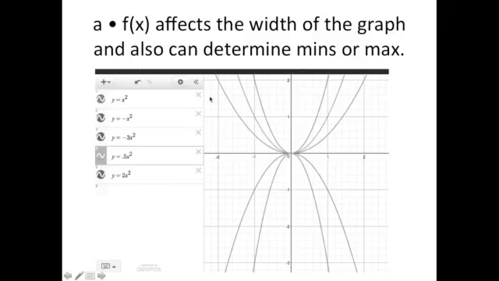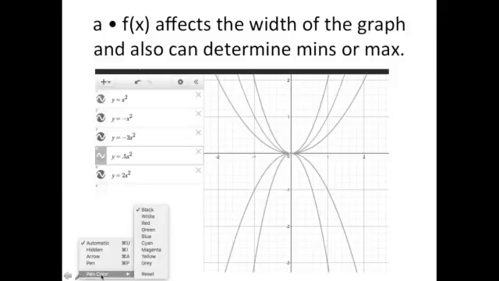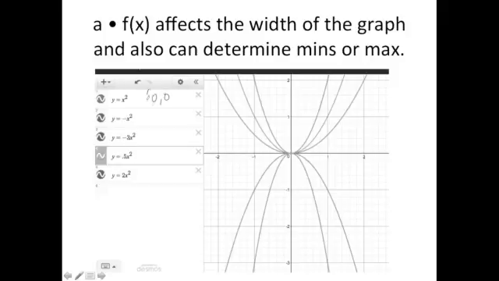Here we go. Now I've got a nice mixture. Once again, I need to point out to you that the vertex for each one of these is 0, 0. The only variation between these parabolas is what is the A value. And you need to see this because we said there were 2 things that A affected.